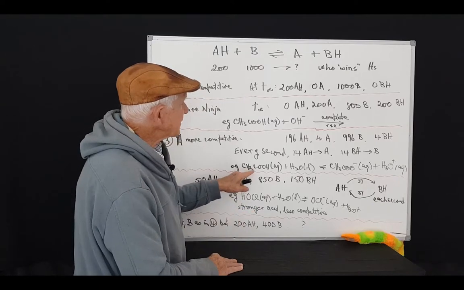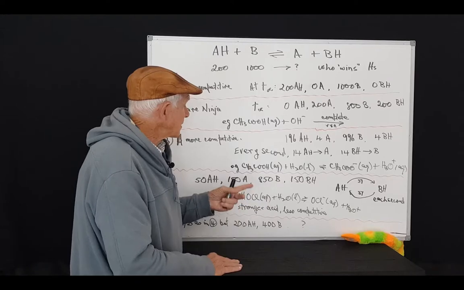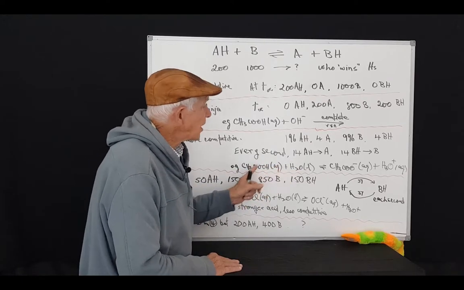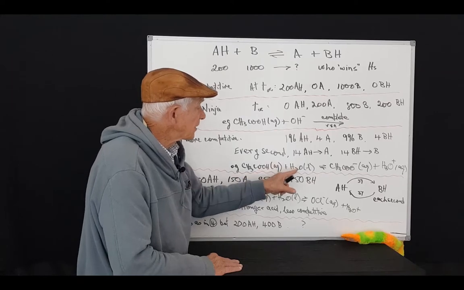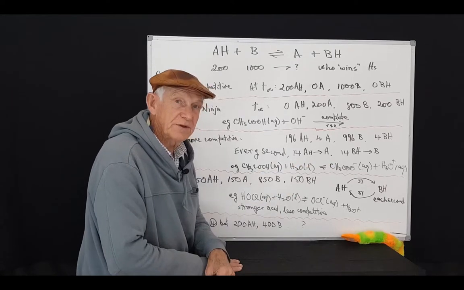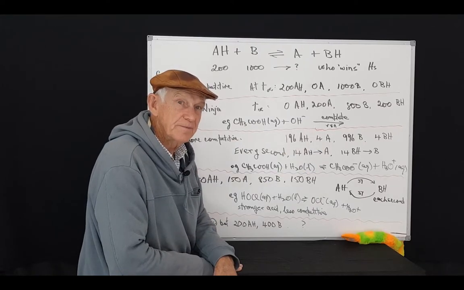It's something like acetic acid in water. Around about 1%, depending upon the concentration, ionizes. About 1% of those protons are grabbed by waters to do that. Something like the situation we've got here.